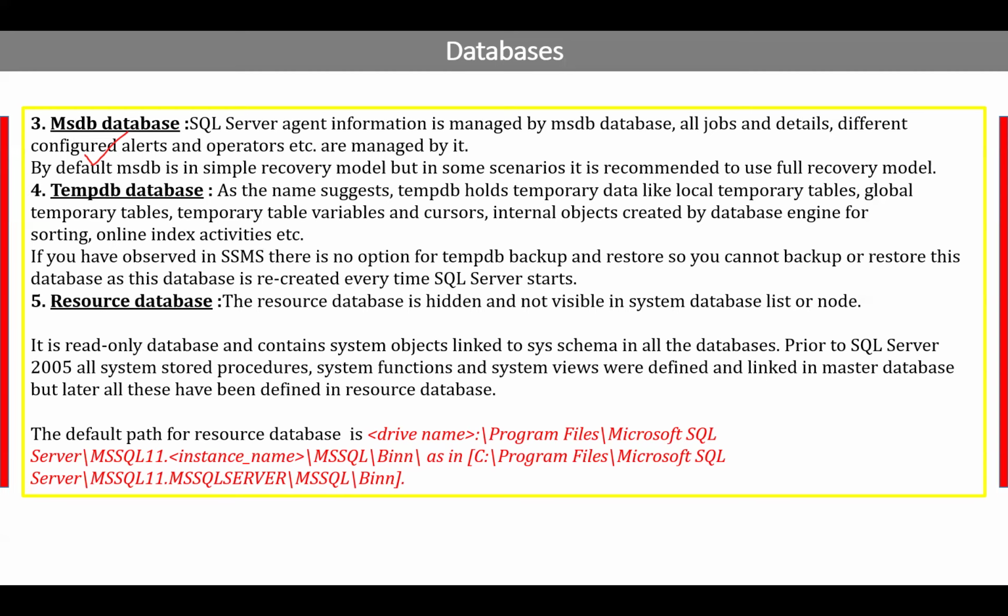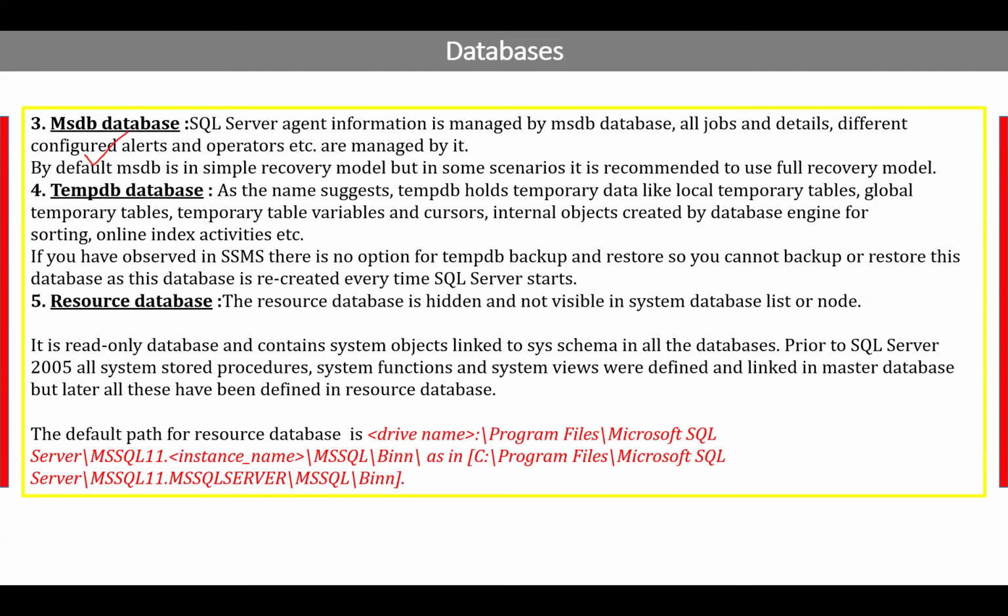In SQL Server 2005, Microsoft redesigned the code. Earlier, we had a mixture of Sybase and SQL code, but from SQL Server 2005 it is purely a SQL Server product.